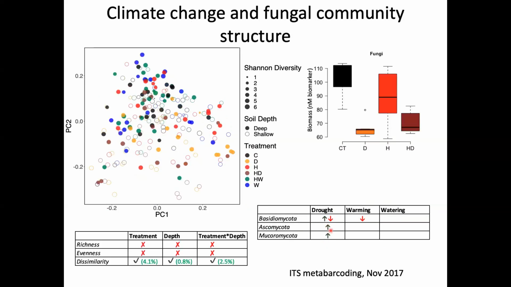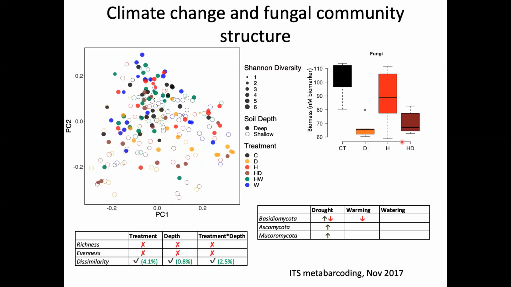With the soil fungal community, the picture is not so clear, and here we have much less separation in the fungal community by treatments. So there are no significant impacts of the treatments on fungal richness or evenness, no significant impacts of soil depth there as well, and only low levels of community dissimilarity are explained by treatment and depth, although there are some significant effects.